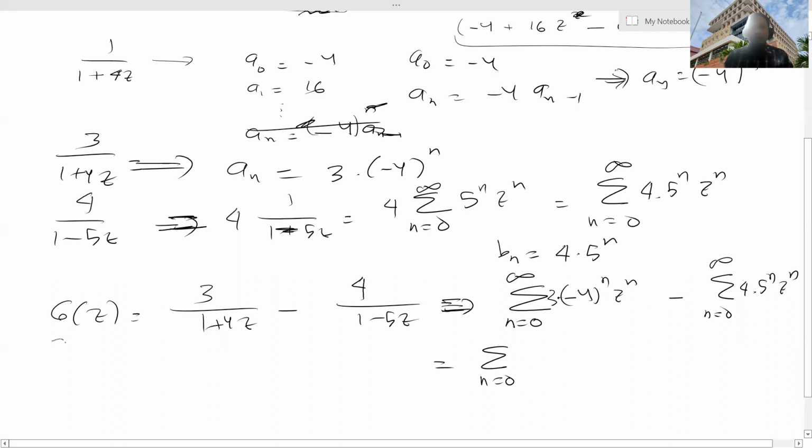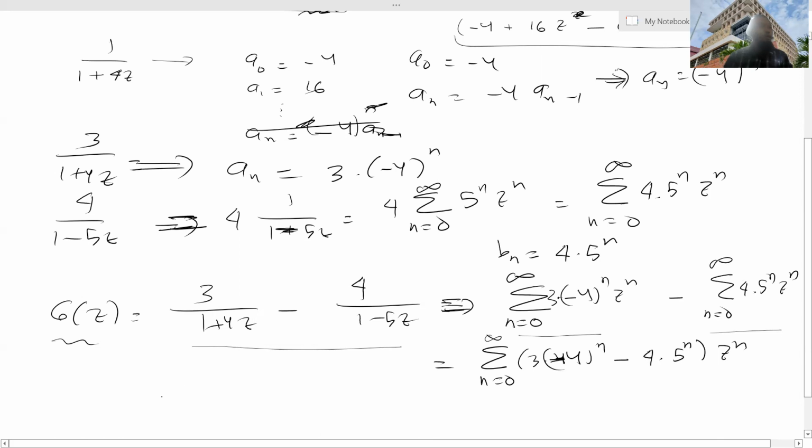So then this G(z) is equal to these two summations, and when you combine them together, it gives us 3 times (-4) to the power of n minus 4 times 5 to the power of n.